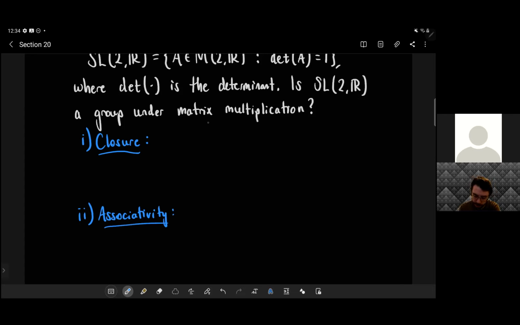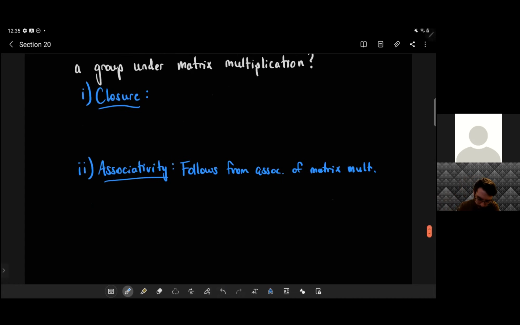All you're checking is that the group operation is associative, but we know matrix multiplication is associative. It's not commutative, you can't swap matrices, but you can put parentheses wherever you want and do things in whatever order you want. So let's just write: follows from associativity of matrix multiplication.